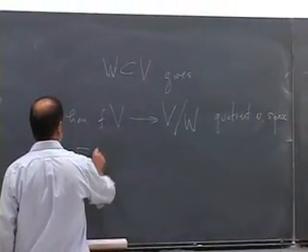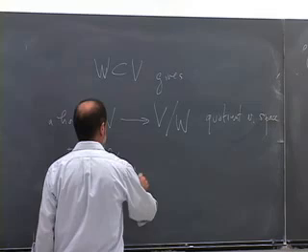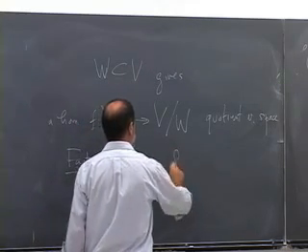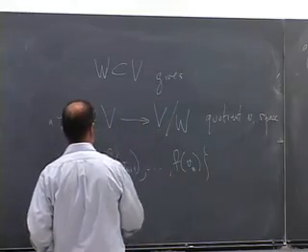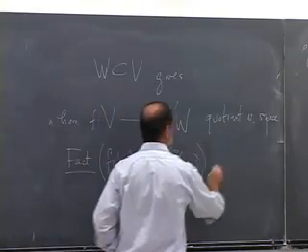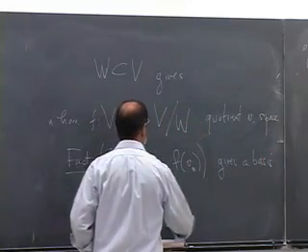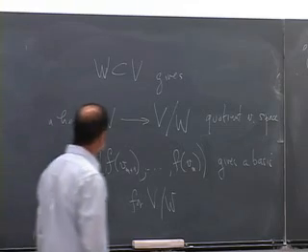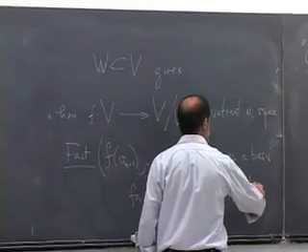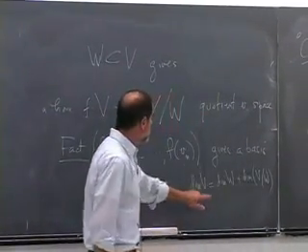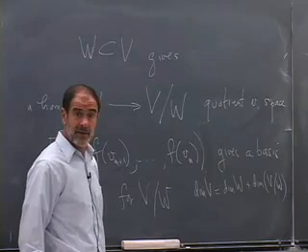In fact, I don't know if Peter assigned this to you for homework, the F of Vm plus 1, comma, up to F of Vn, that's an ordered set of vectors, gives a basis for V mod W. And consequently, the dimension of V is the dimension of W plus the dimension of V mod W. Because n is the dimension of V, and we needed m vectors to give a basis of W, and I claim the rest of these give a basis for V mod W. You've got to find that.